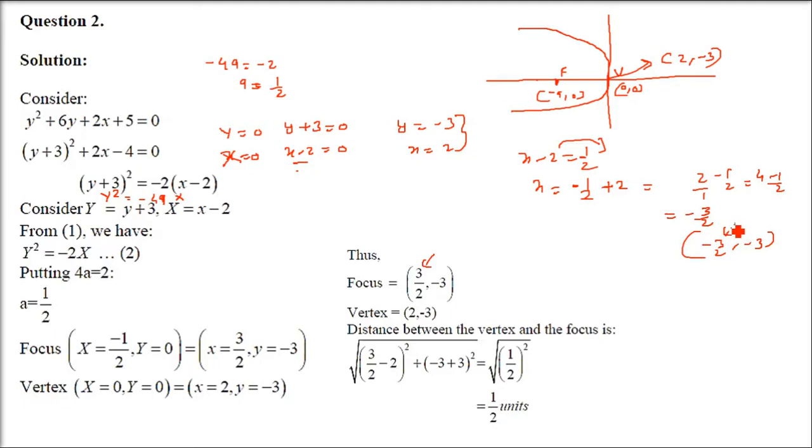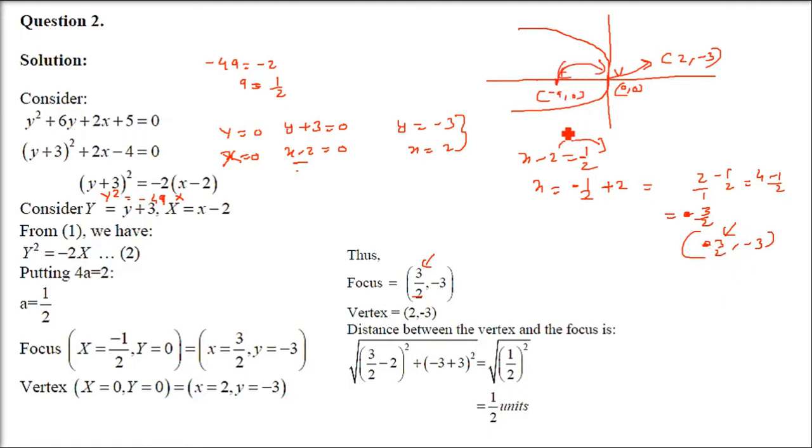And the question is saying, write the distance between the vertex and the focus of the parabola. Both are with us. So let me tell you again, 2 and minus 3 is the vertex and 3 by 2 and minus 3 is the focus. So it's 3 by 2, not minus 3 by 2.